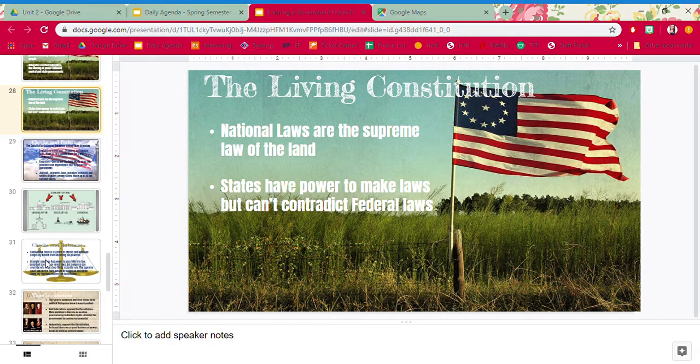So if the national government makes a law that says slavery is illegal, okay, so no more slavery, the state of South Carolina then can't make a new law that says, oh, you can have one slave, that's it, right? That contradicts the national law. So national law is always above state law. States cannot make laws that go against the national law, if that makes sense. I hope that makes sense.